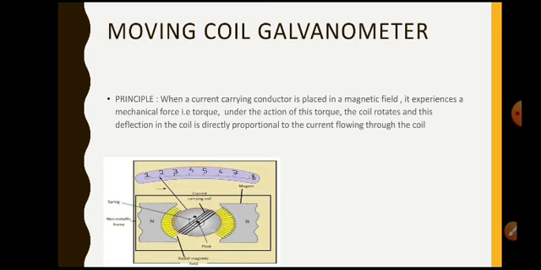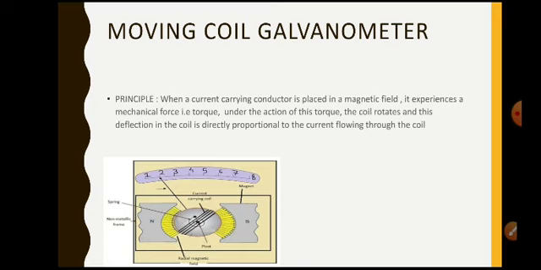This is the fundamental working principle of the moving coil galvanometer. This torque can be explained by Fleming's left hand rule, right?